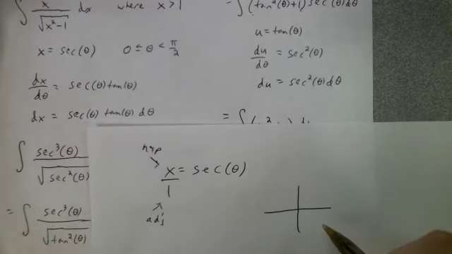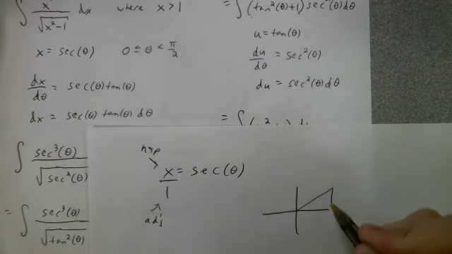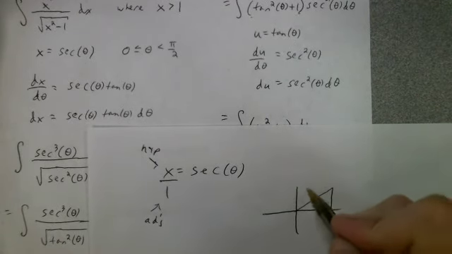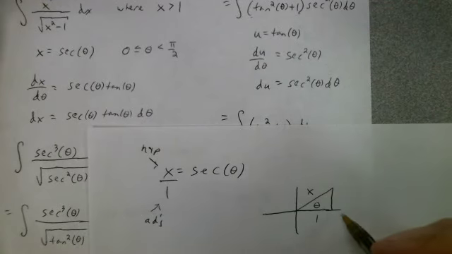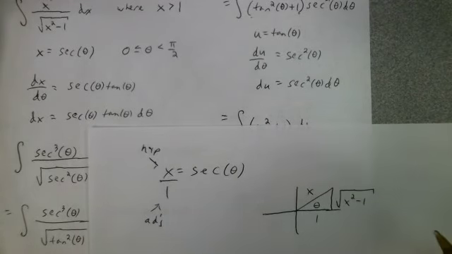So theta is chosen to be an angle between 0 and pi over 2. So it's an angle in this quadrant here. All right, so I draw a triangle. There's theta. Hypotenuse is x. Adjacent side is 1. Using the Pythagorean theorem, we'll get this side here. It will be root x squared minus 1.